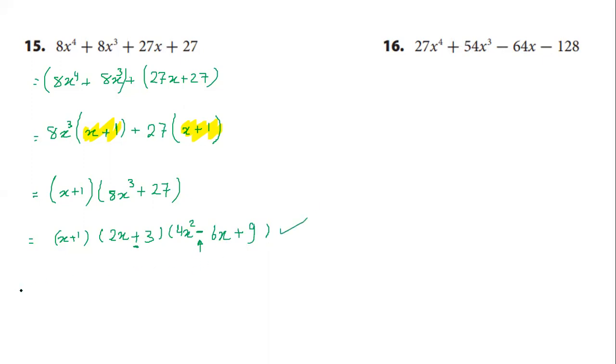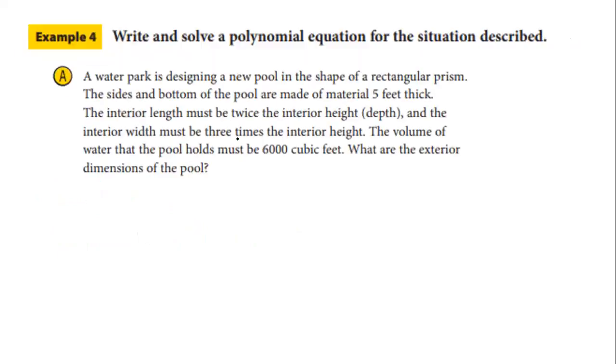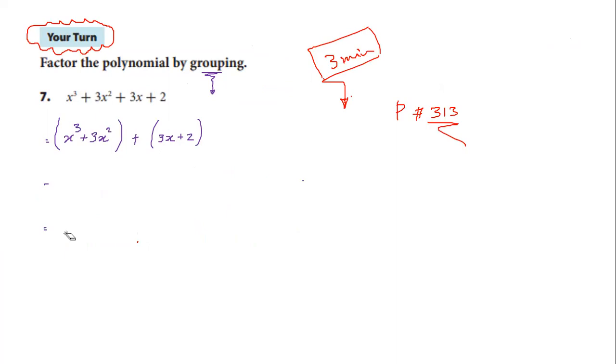Mister, I have a question. Can you go to number 7, your turn? I didn't understand how to do it well. We stopped at this part, but it's not the final answer, right? Because there is no common factor. If you started by grouping and stopped at x cubed plus 3x squared plus 3x plus 2, there is no common factor between them.